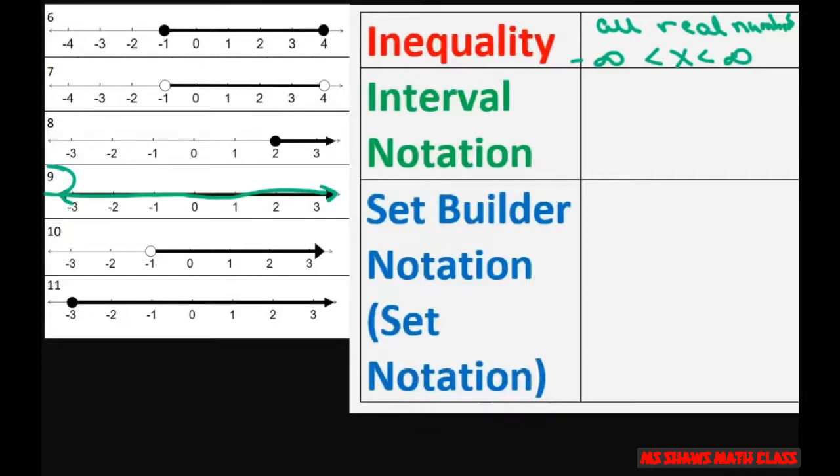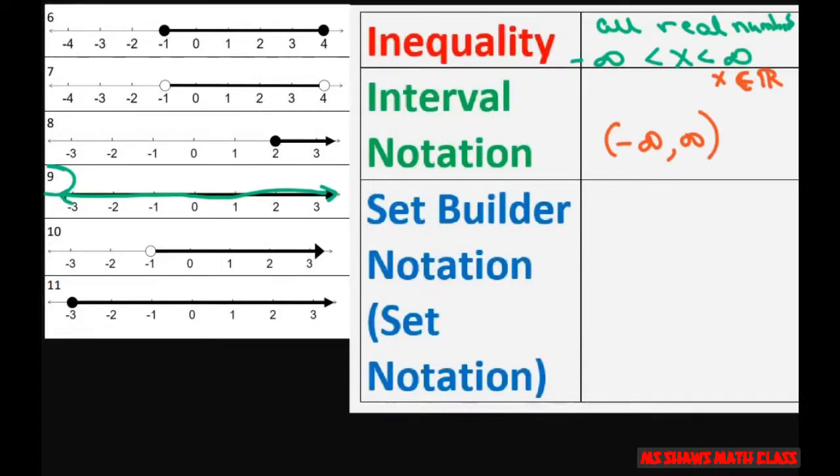A lot of times they write x belongs to, using this inclusion sign, all real numbers, but don't worry about that. So the interval notation, since it can't equal infinity, is negative infinity to infinity.